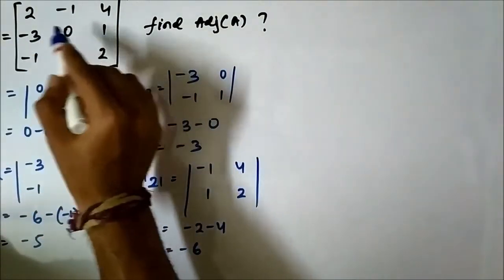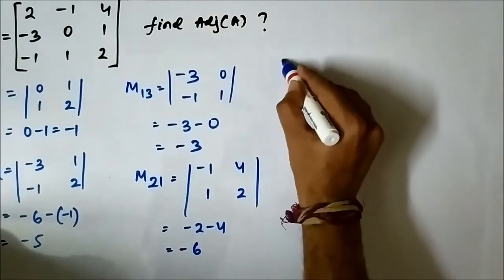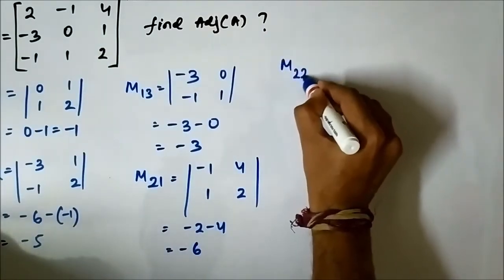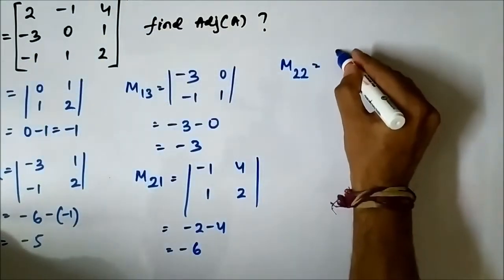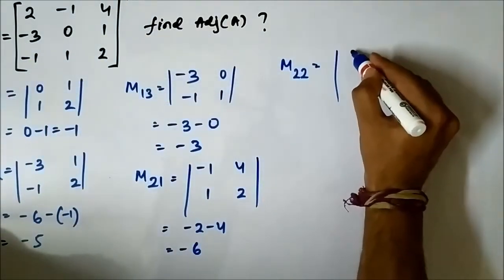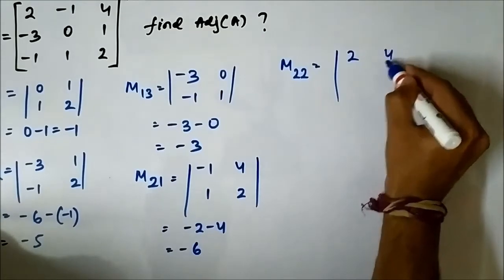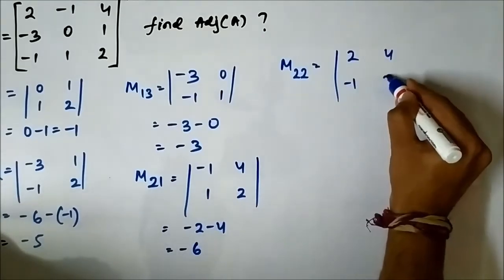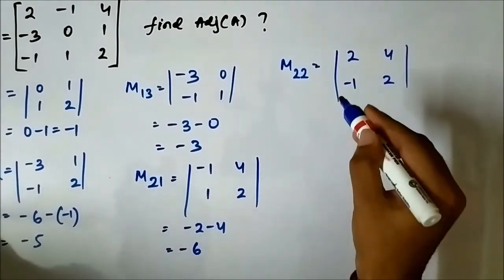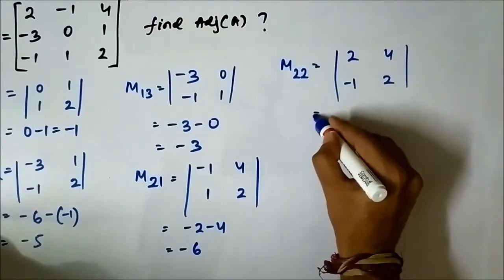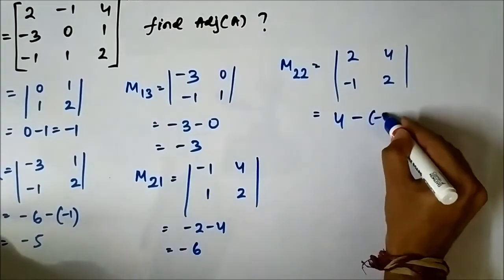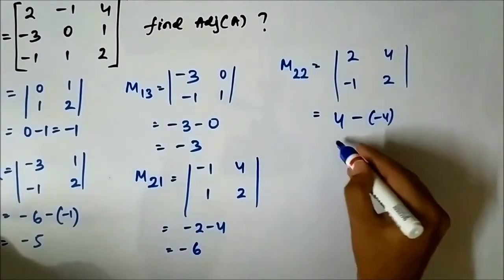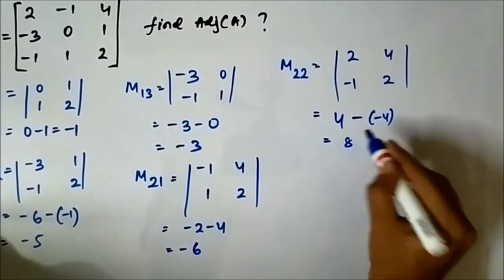Similarly, M22, second row and second column, the determinant is 2, 4, minus 1, 2, which is equal to 4 minus minus 4, which is equal to 8.